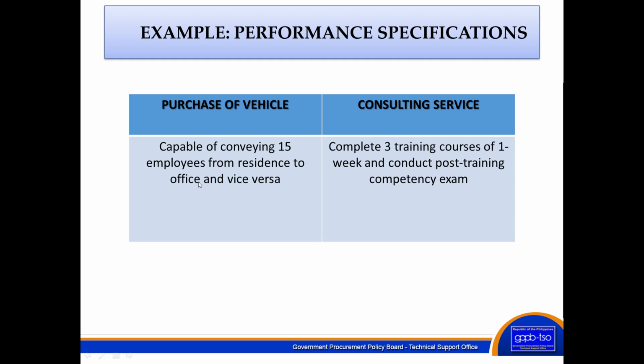Similarly, on the consulting service, the number of training courses with the frequency is also specified. So as we move on to the performance specifications from the functional specifications, we are actually getting more details on the requirement.